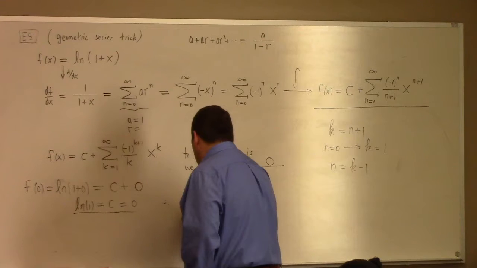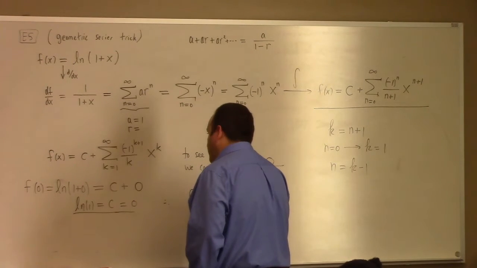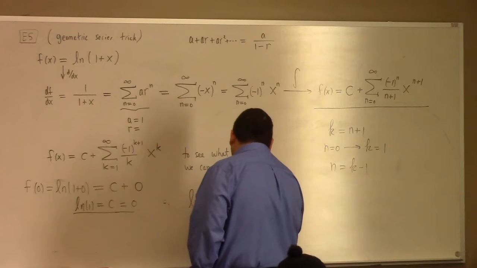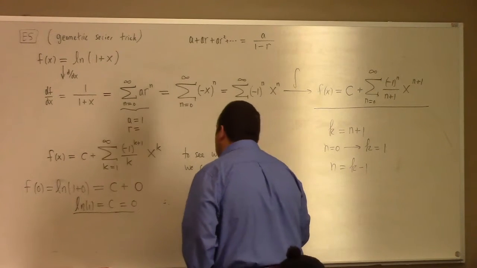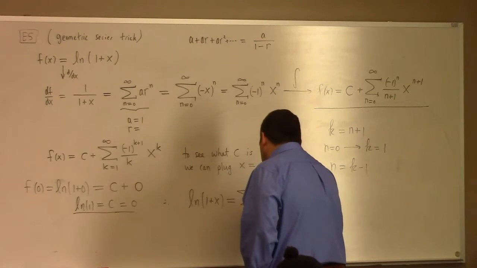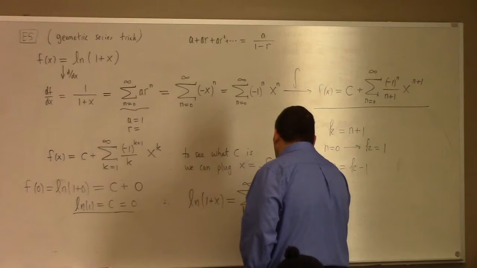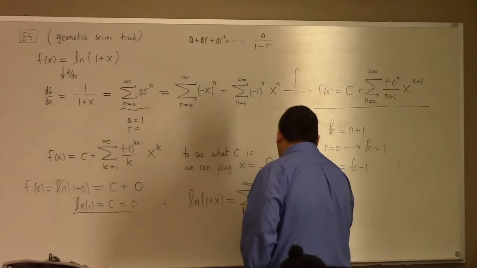So therefore, we get this wonderful formula that the natural log of 1 plus x is equal to the sum k equals 1 to infinity minus 1 to the k plus 1 over k times x to the k.